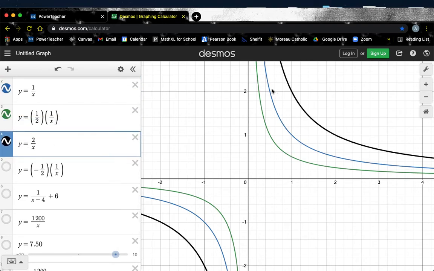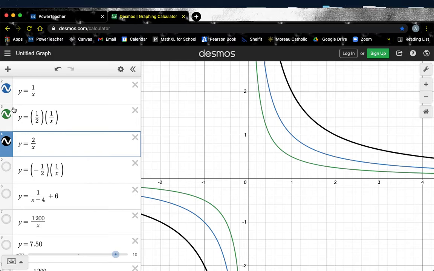Here's our original y equals 1 over x. This is our y equals 1/2 over x. Here's our y equals 2 over x. It stretches, right? Here it compresses as you go from 1 to 1/2. Here it stretches as you go from 1 to 2.